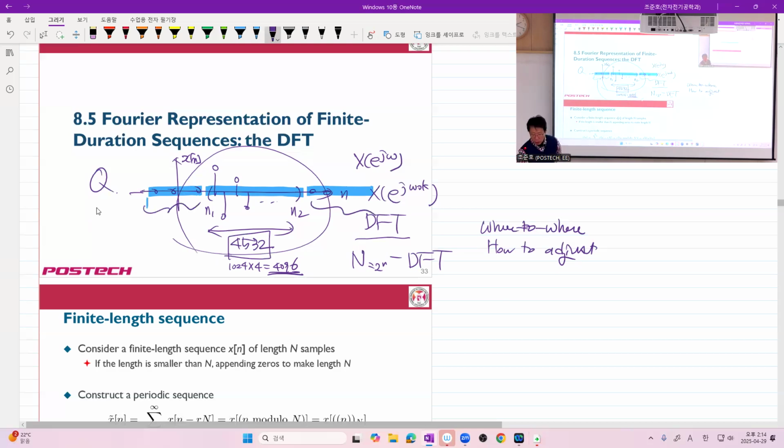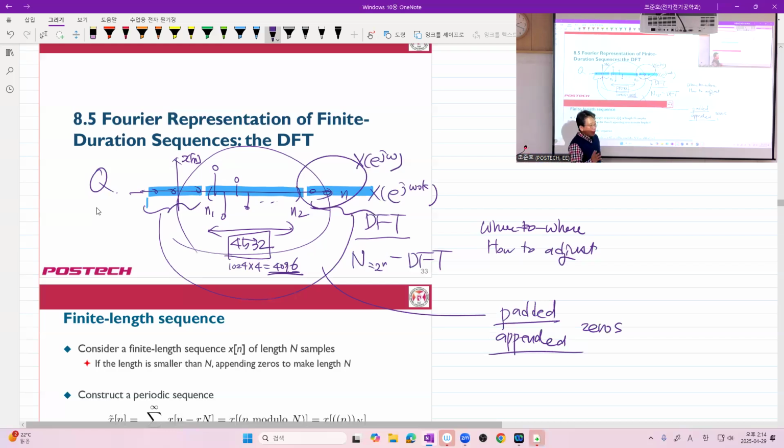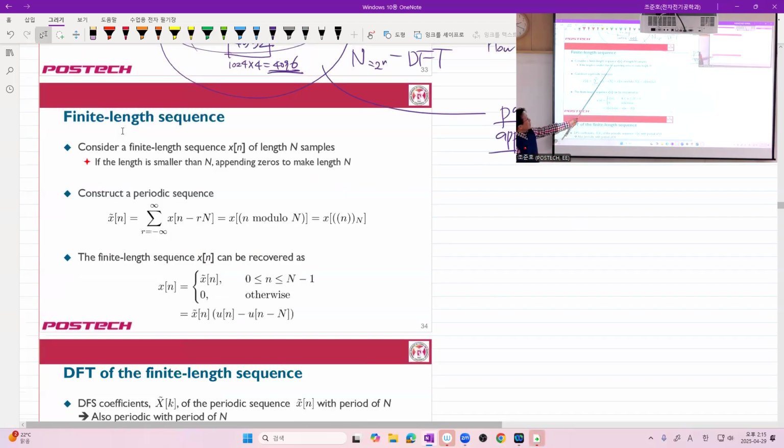So these are padded or appended. Appended usually means zeros. By the way, zero padding does not only mean we put some zeros after the duration, but we may put some zeros before the duration. Anyway, here goes the finite length or finite duration DT signal of length N or length less than or equal to capital N.